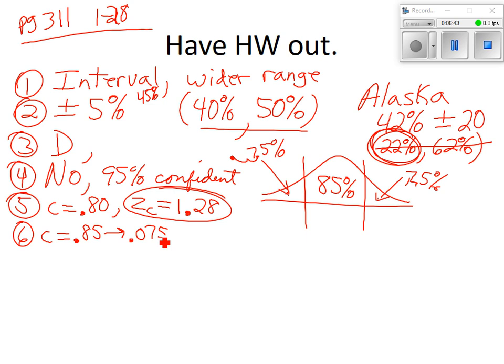And all we're doing is finding that area right there, the area that's in one of those tails. So 0.075. Looking through all this, and I don't have my glasses, so I'm not going to be able to see it. Find something that's closest to 0.075. There's a 0.0749. Where's it at?